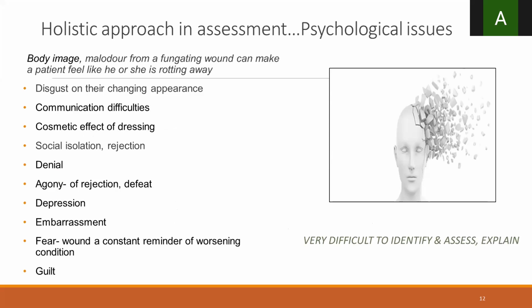The stench will be so strong that not only the patient, but the whole room where the patient is, or even sometimes we can find out the patient has a fungating wound right from the entrance of the house itself, because the stench is so strong. So there is a feeling of disgust at the changing appearance.